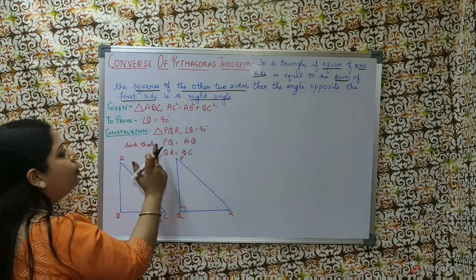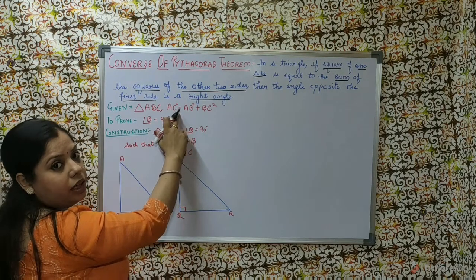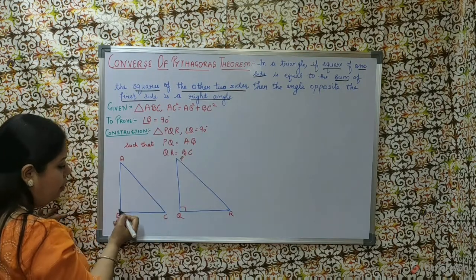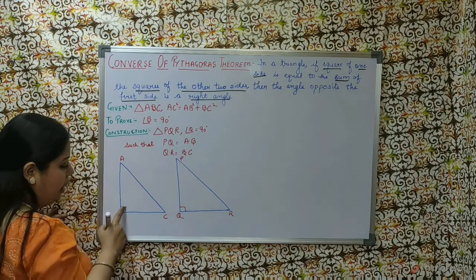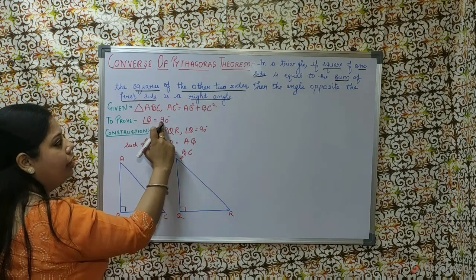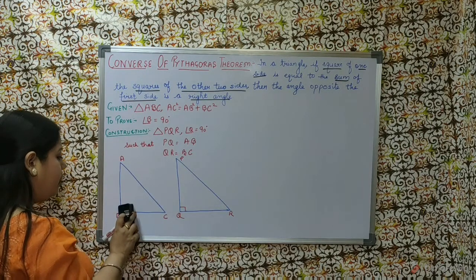Now what I have to prove? I have to prove that the angle opposite to the first side, the side which is written alone, AC, that is angle B, is a right angle. I have to prove angle B is equal to 90 degree. So we will be proving that.